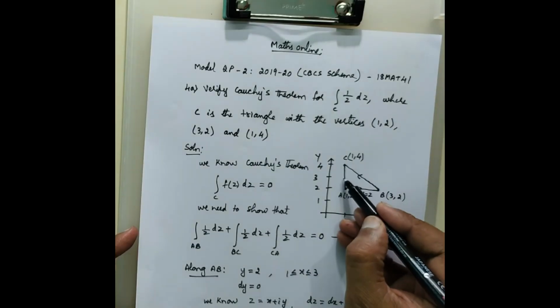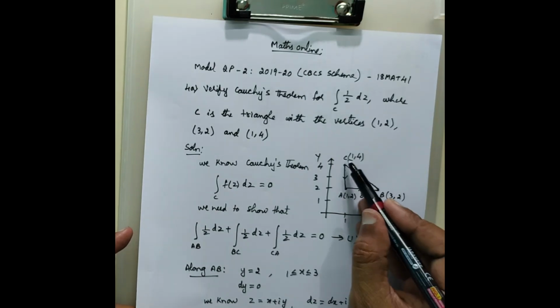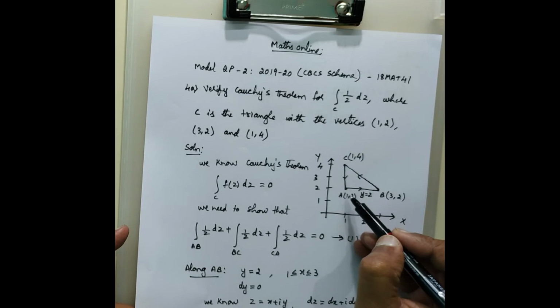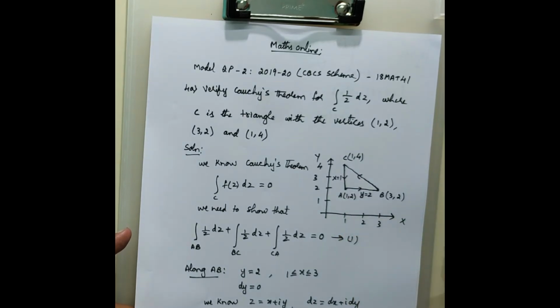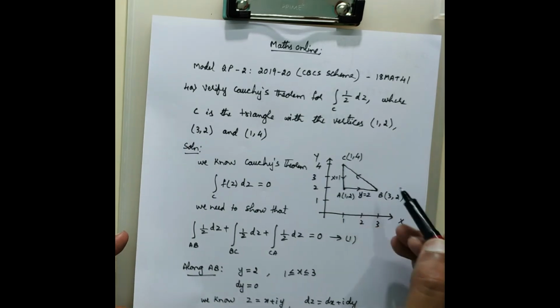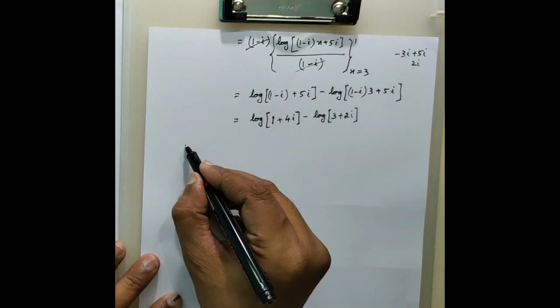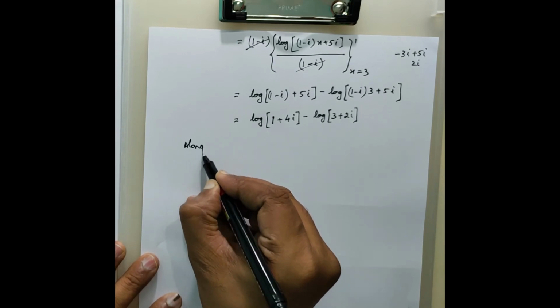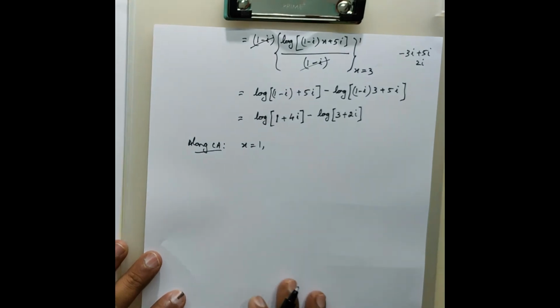So now we have to calculate along CA. Along CA, if you try to see, the coordinate for x is constant, so x will be 1 along CA. So along CA, the value of x will be equal to 1.